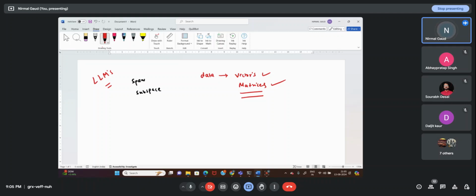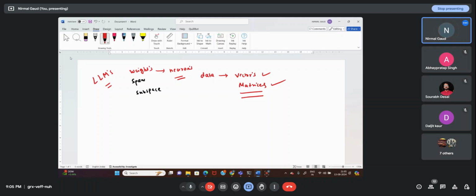We do have a weight matrix there, and weights are the values which are assigned to neurons. So we can't skip this concept of linear algebra, it is applicable everywhere.